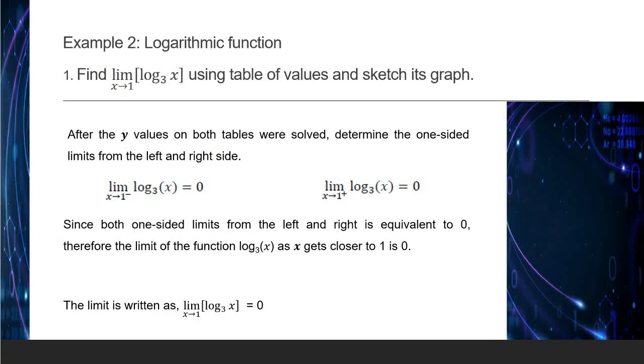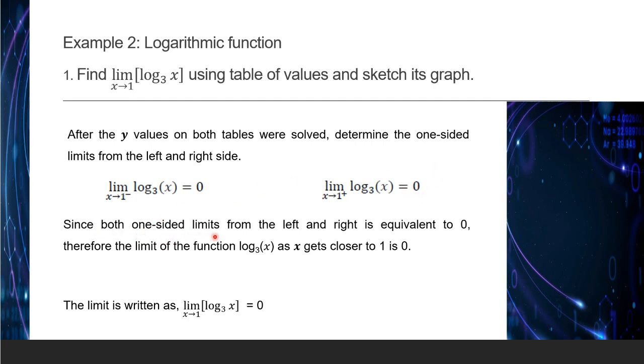So after the y values in the tables were solved, determine the one-sided limits. And we determined already the limits. So we have the limit of logarithm of x to the base 3 as x approaches 1 from the left, that is equal to 0. And the limit of logarithm of x to the base 3 as x approaches 1 from the right is equal to 0 also.